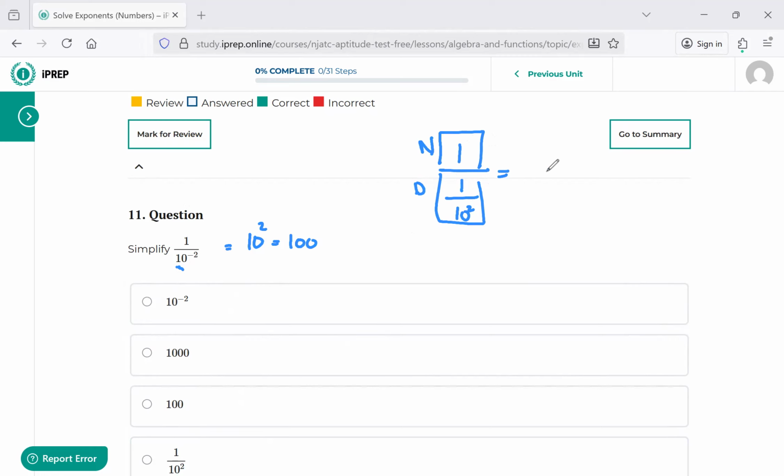So you can rewrite this as 1 divided by 1 over 10 squared, right? And then you can cross multiply, or change this divide sign to multiplication and flip it. So 1 times 10 squared is 10 squared. 1 over 1 is 1. 10 squared is 100.